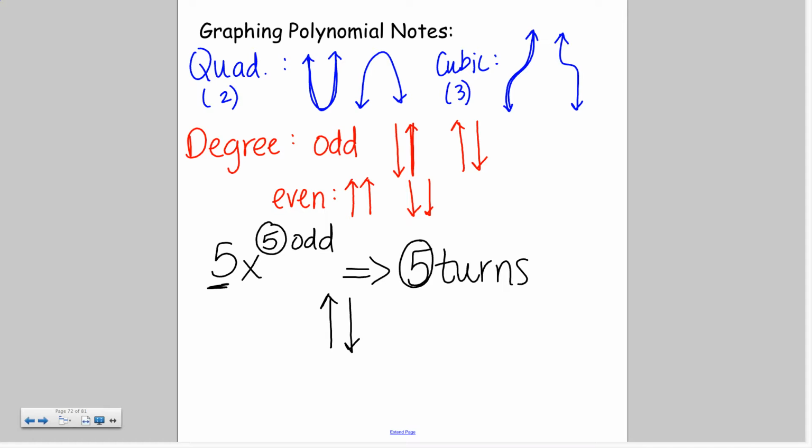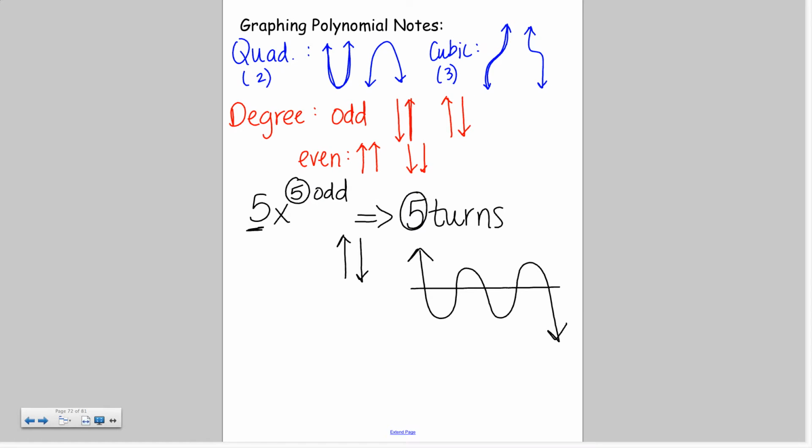So if I sketch that out, there's my x-axis, it's going to look 1, 2, 3, 4, 5. It's going to look like that. Start high and end low. If I had negative 5x to the 5th, I still have 5 turns, but I've got a negative.